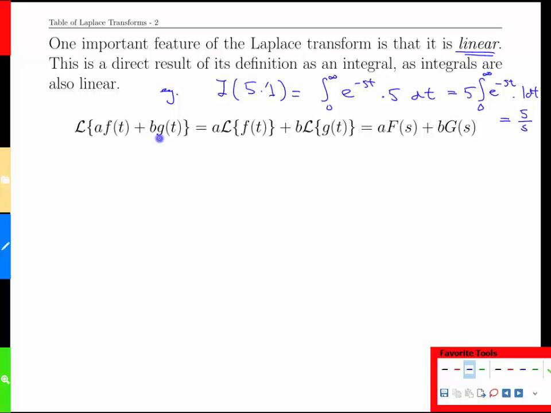More technically, for the definition of a linear transform, if we have any constant multiplier, a or b here, and two functions f and g of t, we can bring the a out front, we can bring the b out front, and if it's a sum, not a product, but a sum, then we can individually separate and calculate the integrals on their own, just like we would if it was a regular integral. So what we get if we're asked to transform a linear combination of two functions is simply the transform of each function by itself and whatever coefficients out front multiply afterwards.